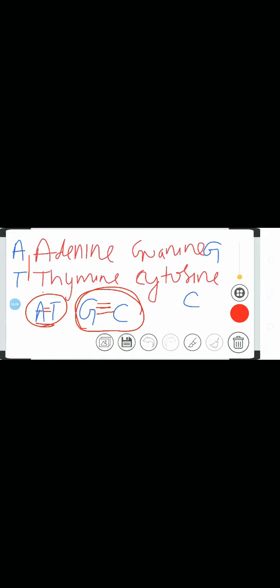Understood? Now I'll show the structure of DNA. How is it composed? Here I have a phosphate group.